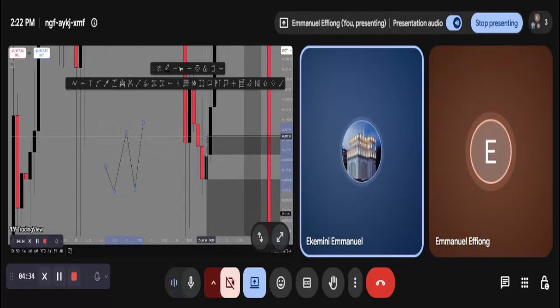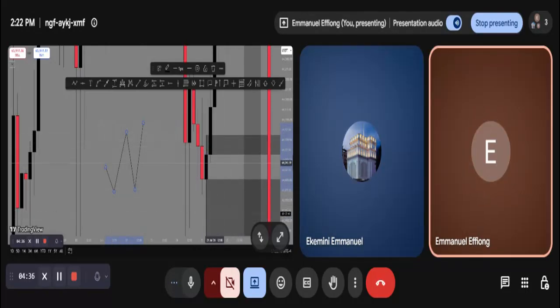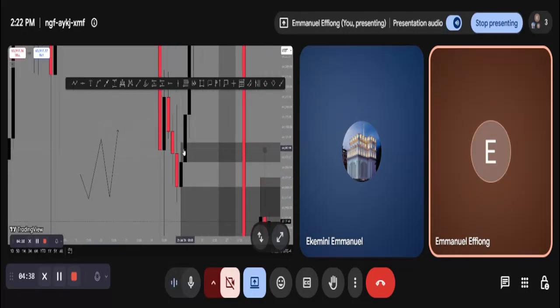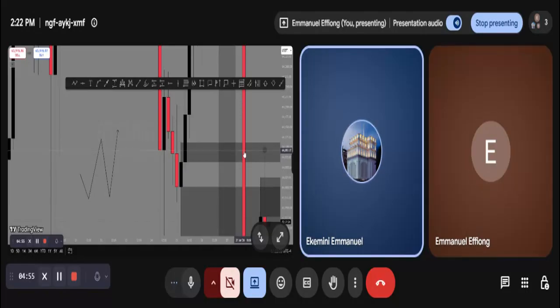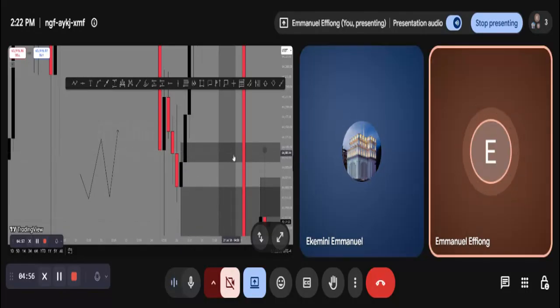But the market did not reject this zone. That's why it turned from an inside rejection candle to a double break. See, double break: break one, break two. That's why it's now a double break.